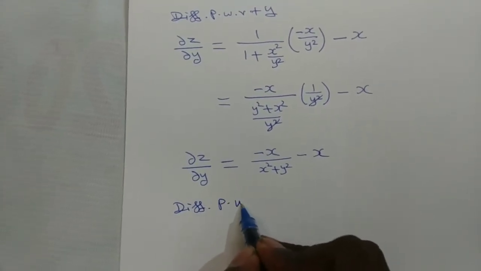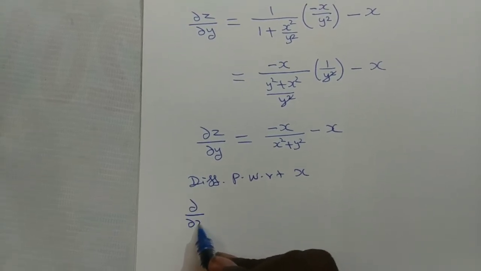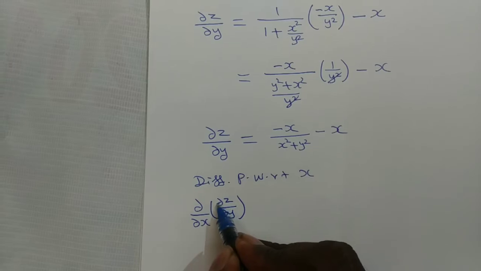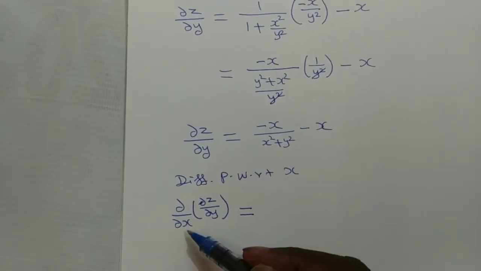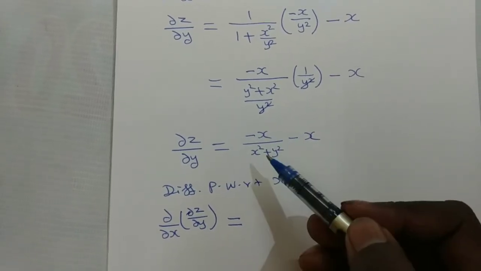Differentiating partially with respect to x, this is ∂/∂x of ∂z/∂y. Okay, so with respect to x means x is in the numerator and denominator. So apply the u by v formula.